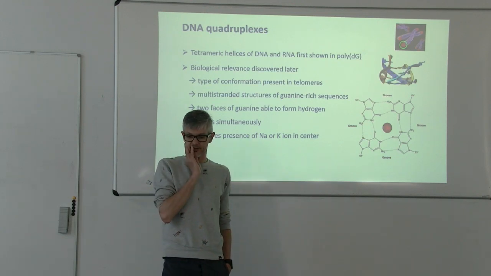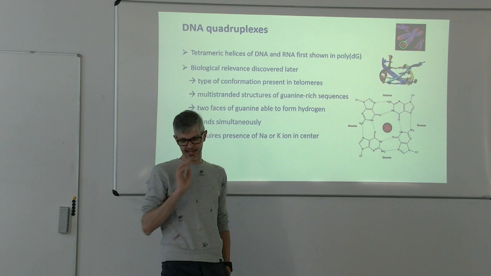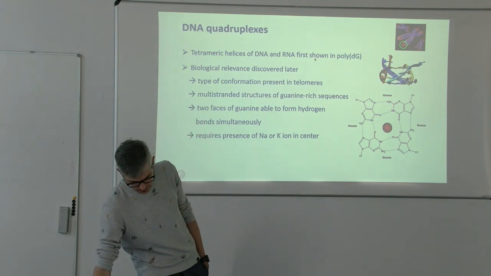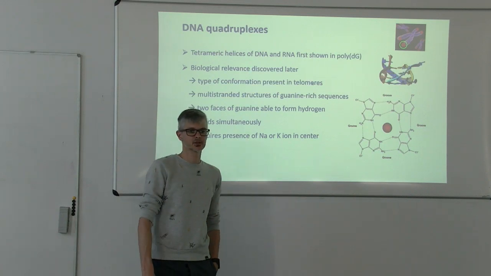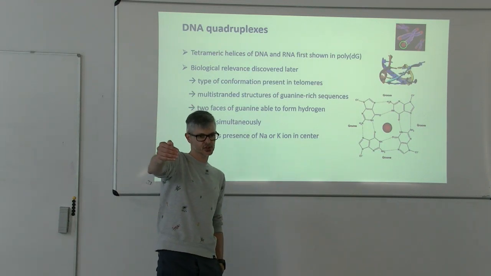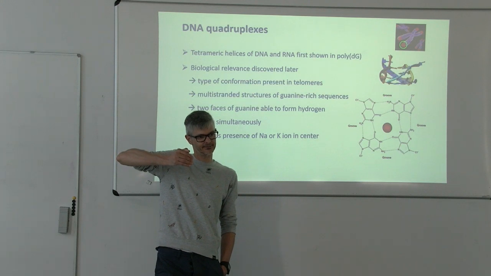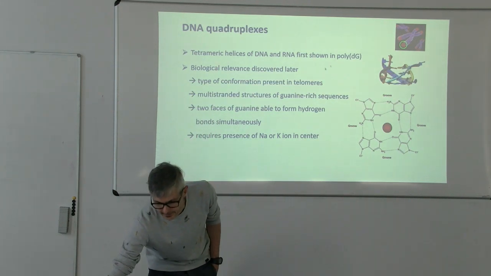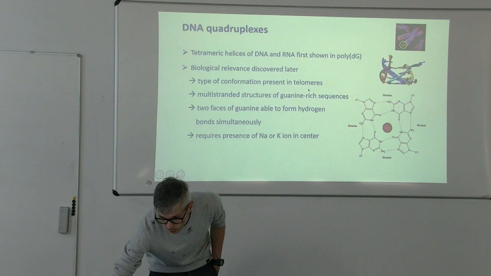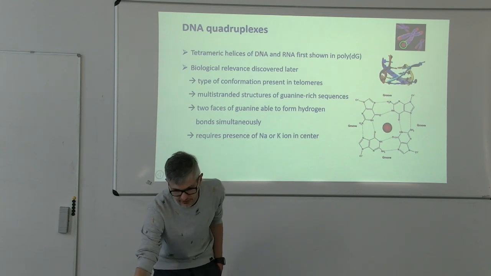I think it is at the end of your chromosomes, so on your telomeres. I think the older you get, the shorter these telomeres get. So this is where we can find such an example of tetrameric helices.